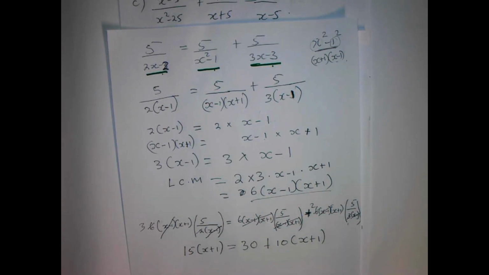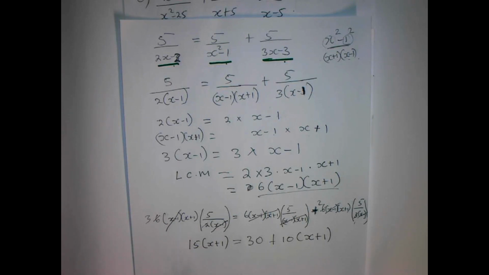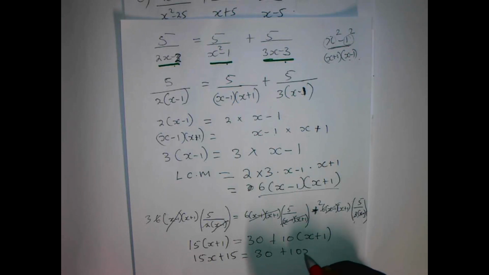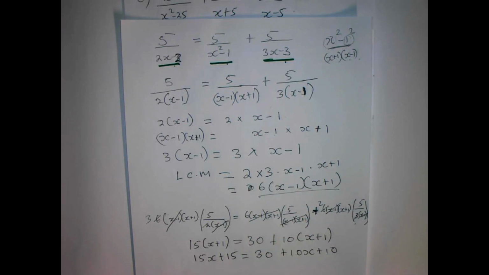So we can still collect like terms and simplify. So we'll have 15x plus 15 is equal to 30 plus 10x plus 10. Let's collect everything with the x. 10x comes the other side, but it will subtract. Let me just write minus 10x so that you see what is happening here.